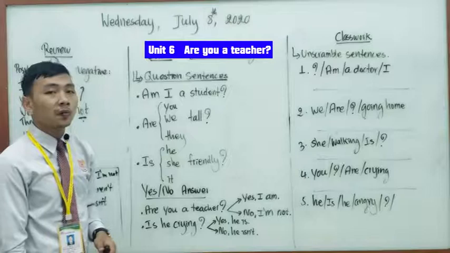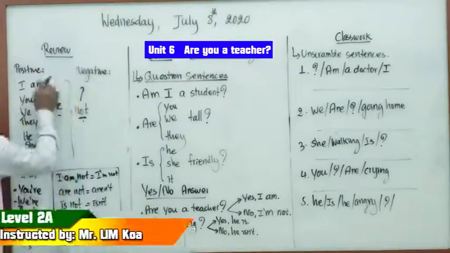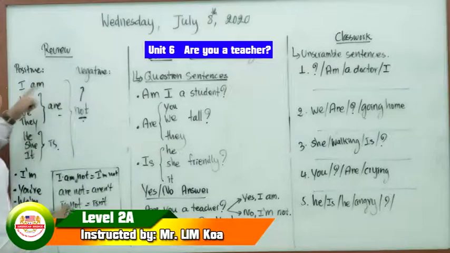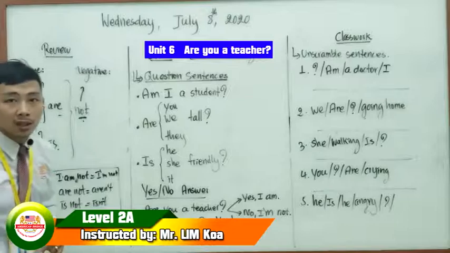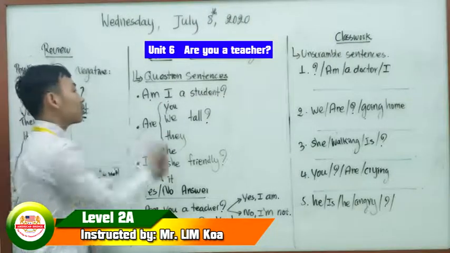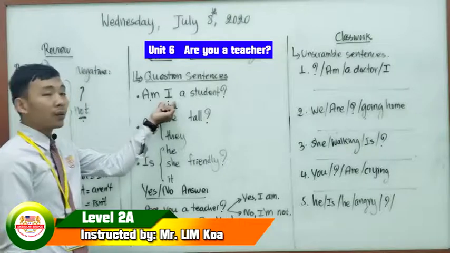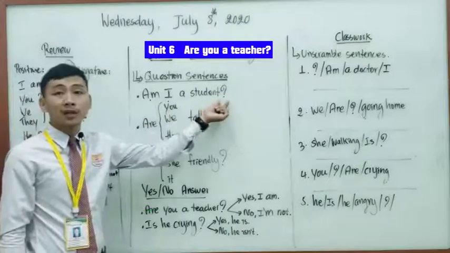Sure. So to make a question sentence, you just take, as you see here, this one is the positive one, right? So when it comes to the question, you just take the verb be to stand before the subject. What is verb be? Am, right? What is subject? I. So you see, am stands before I. Okay? So that's why it will become a question sentence.